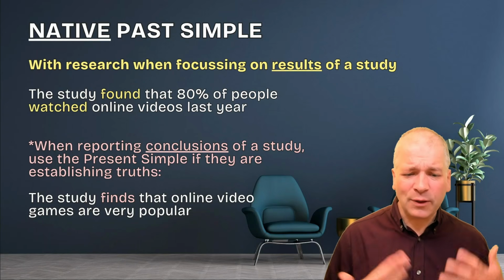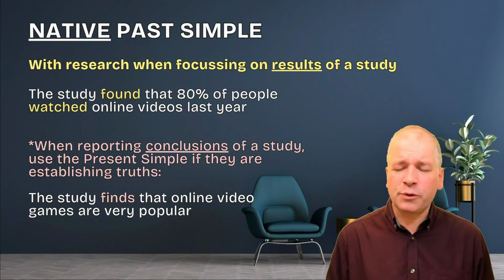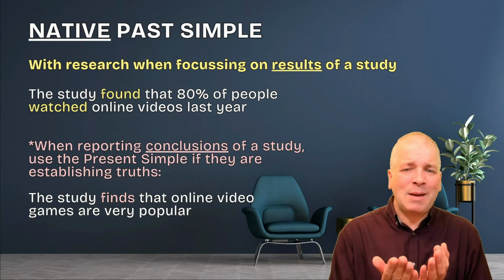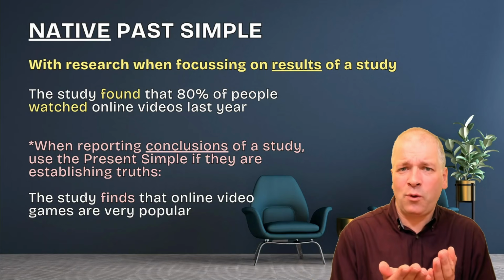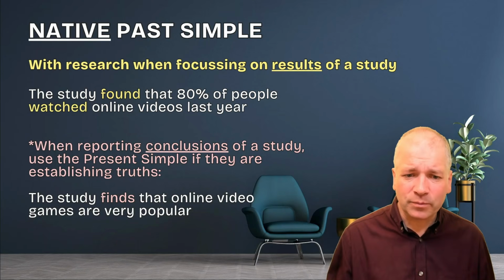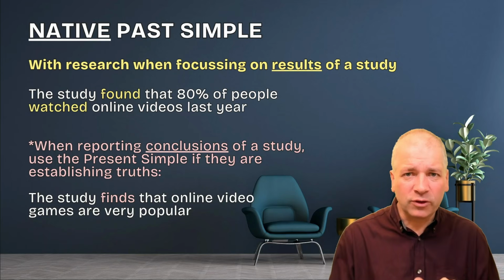The study finds that online video games are very popular. So this is the conclusion based upon the results, but it's trying to establish something that is true forever, or true in general at the moment. So we have this distinction between reporting the results, reporting the conclusions.